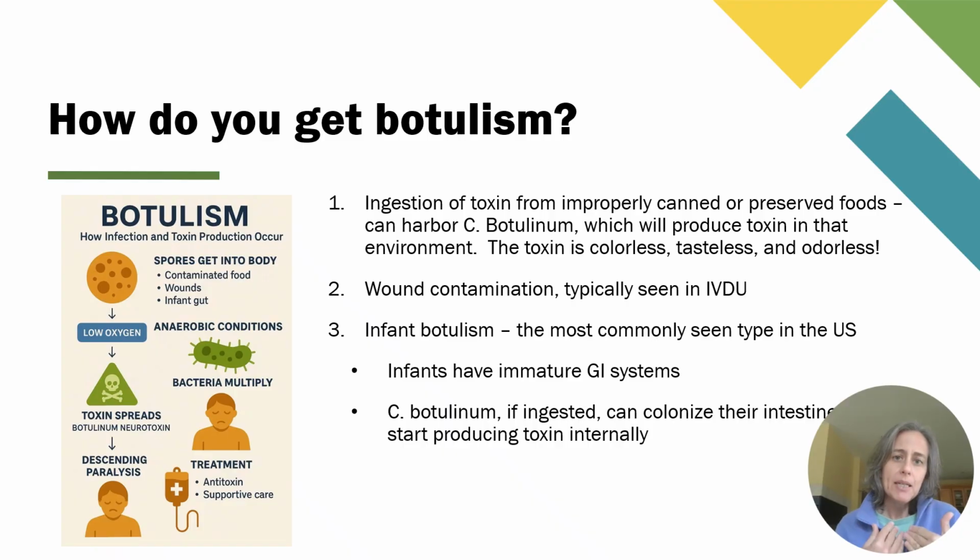Then the bacteria can grow inside their intestines because there are no other bacteria there to keep it out. So they're very vulnerable to this. And then as the Clostridium botulinum bacterium grows in their bodies, it can produce this toxin. So it's producing toxin as it's in their bodies and can cause paralysis.